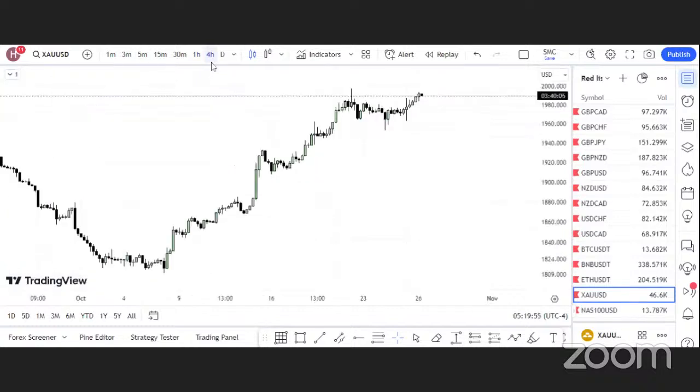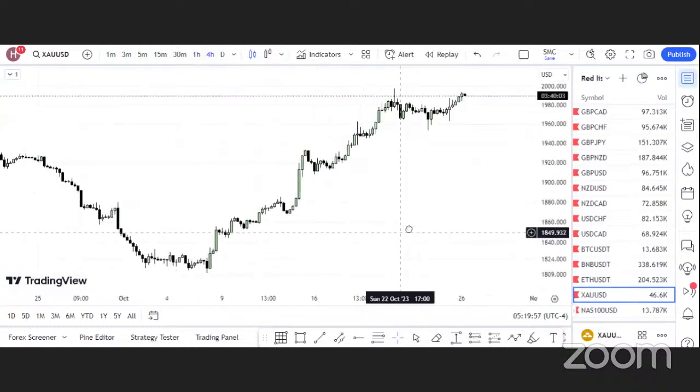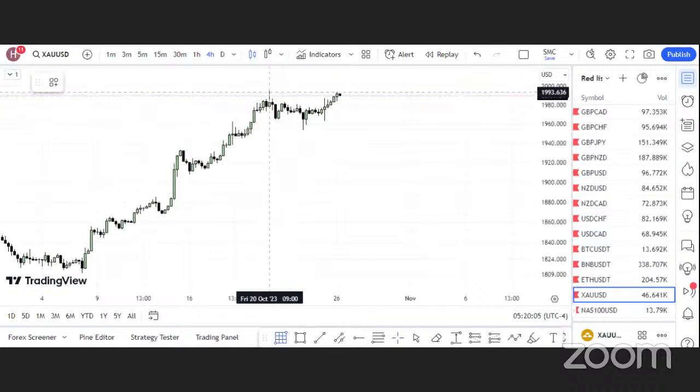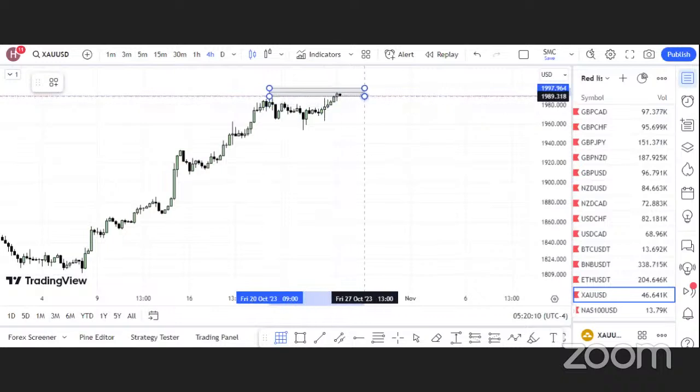So, 4-hour time frame to see what is going on. With this rejection, I don't need to go far. I just want to see what the market would do when it gets to this area that was previously rejected. So the market is currently here, so let's just leave it here.